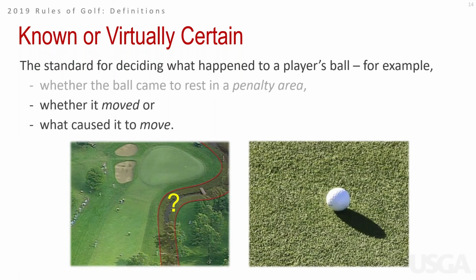So again, if we see this ball on the putting green here, we see that the ball has moved. It has changed its location from its original spot. So this term, known or virtually certain, is what we use to decide what has happened to the player's ball.